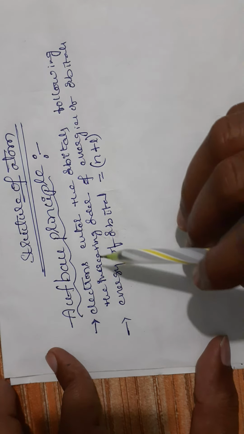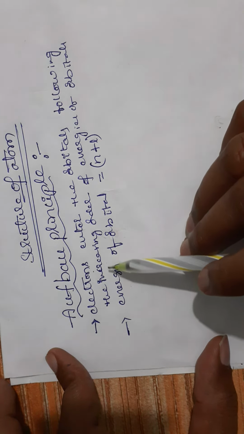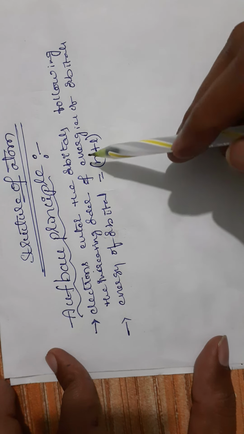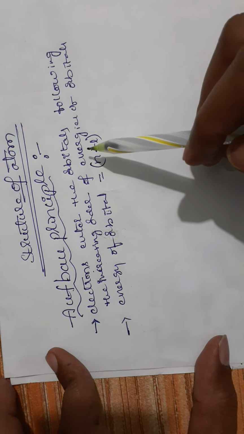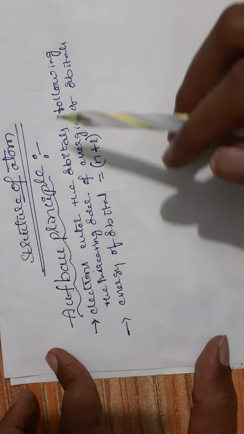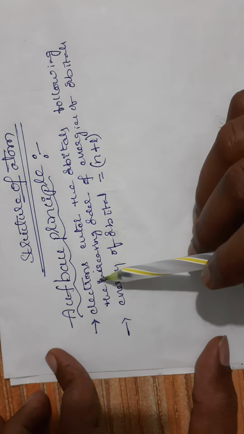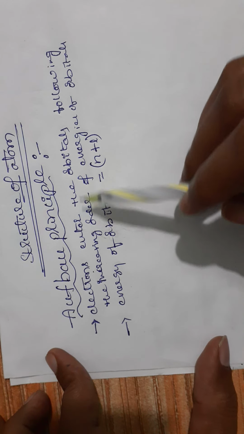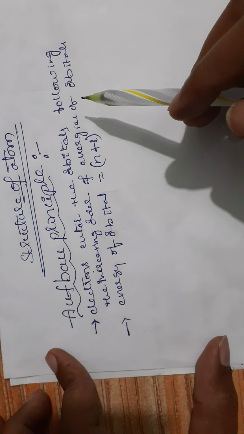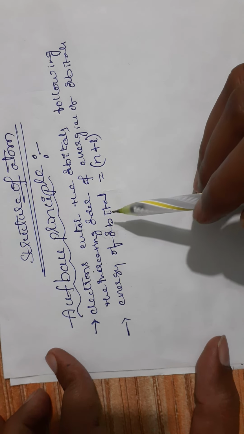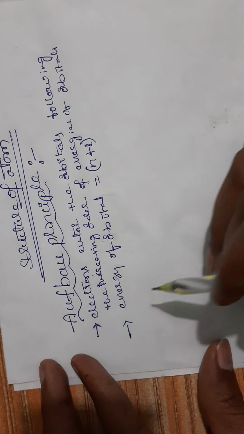It means that orbitals will be occupied by the electrons based on their energies. That is, the lowest energy orbital is filled with electrons at first, then higher energy, and so on.